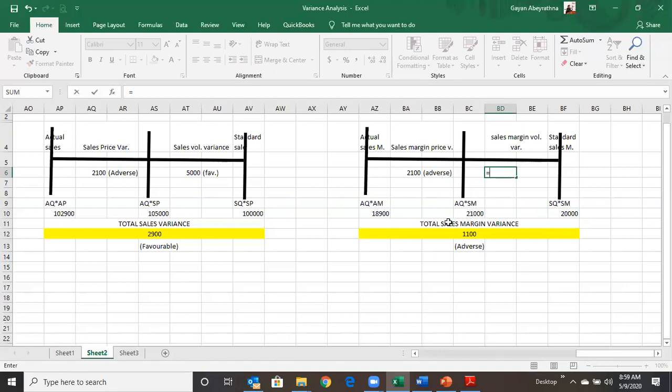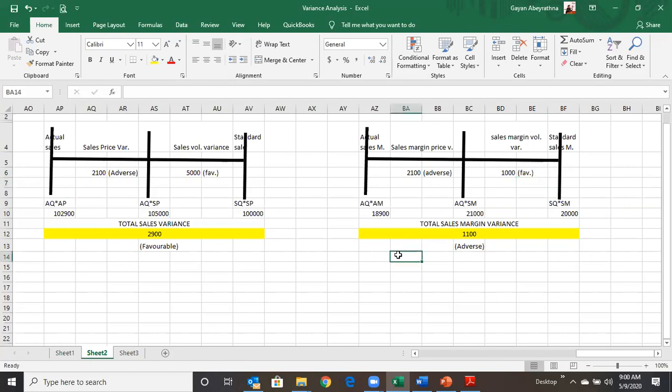Actually, they have achieved 21,000, but if they followed the standard, they needed to achieve 20,000 worth of goods. The valuation of the quantity of goods sold in here. Okay, the difference is 1,000. So it's favorable. That's all. These are margin related variances.